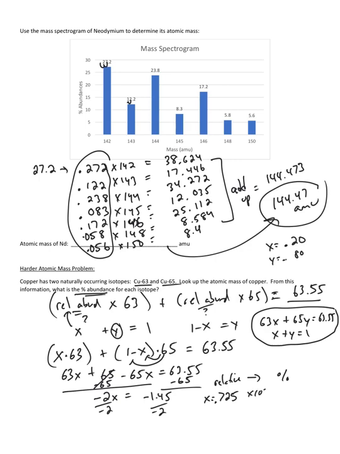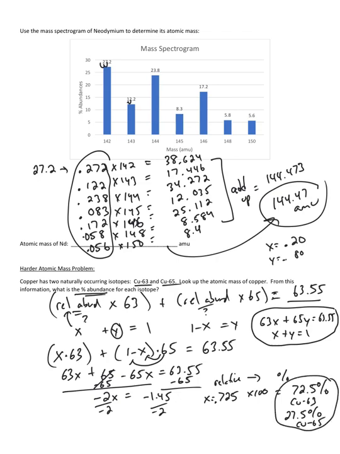Multiply by 100, and we get 72.5%. So 72.5% of all the copper is copper 63. The other one has to then be 100 minus that. So 100 minus 72.5, because the percent abundances should add up to 100, gives me 27.5% of copper 65.